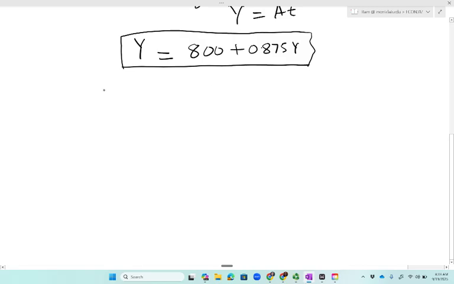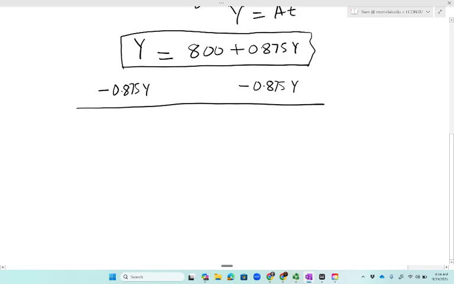So let me subtract 0.875y from both sides, so we are able to get rid of the y term on the right hand side. What we obtain is y minus 0.875y, which is 0.125y, and on the right hand side the second term cancels out, so all I have is 800.